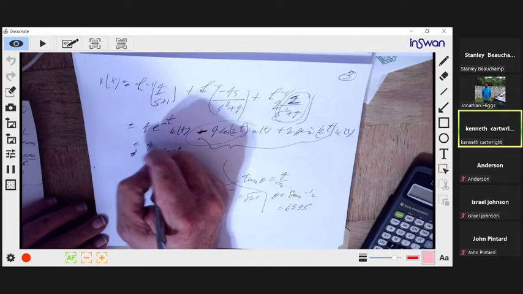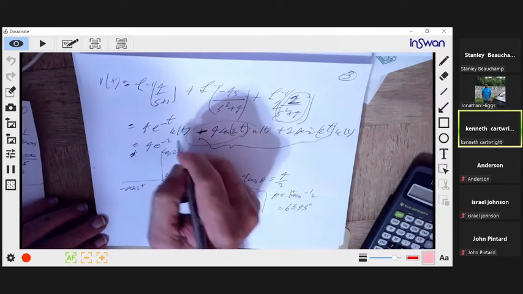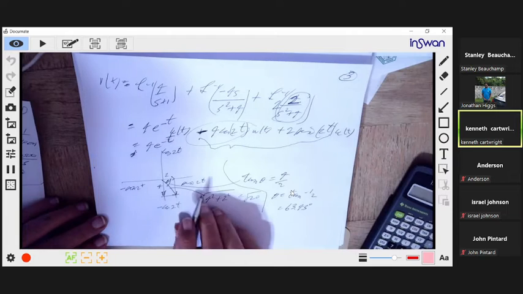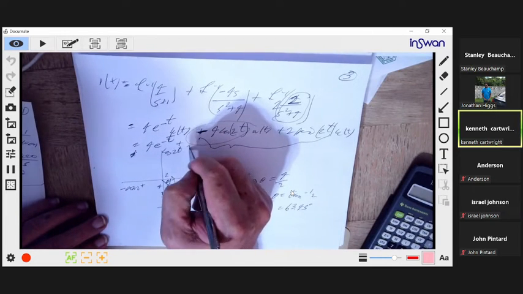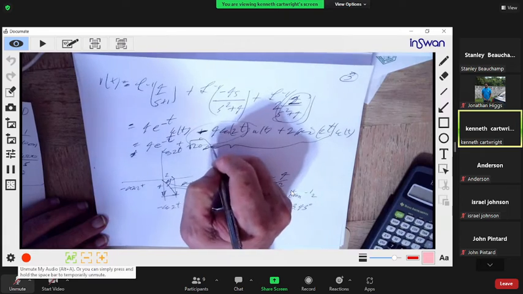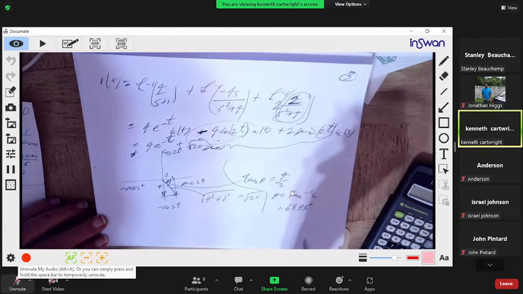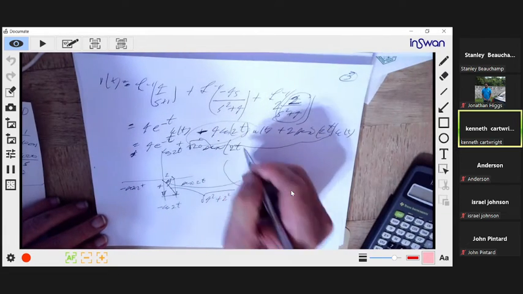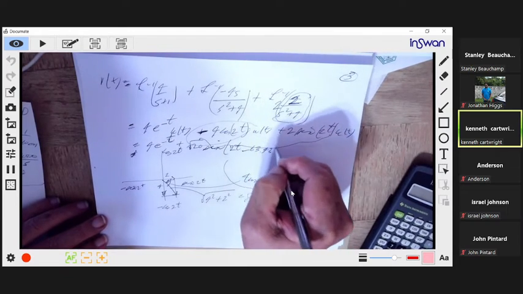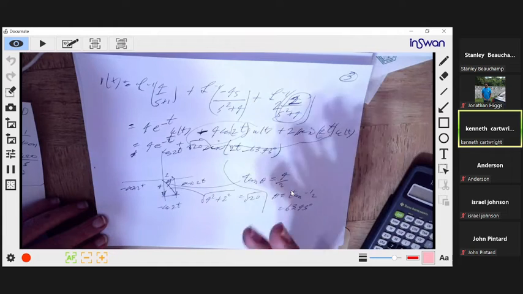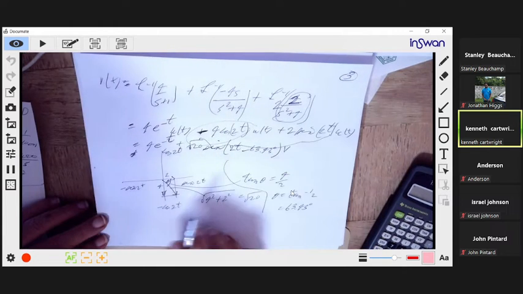Therefore, this is 4 e to the minus t, plus the square root of 20 sine of 2t minus 63.43 degrees, volts.